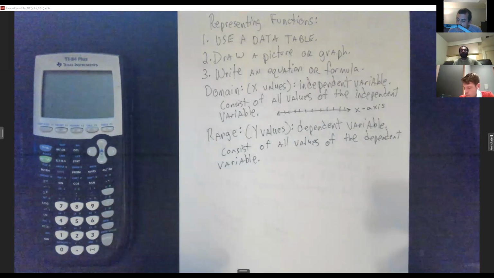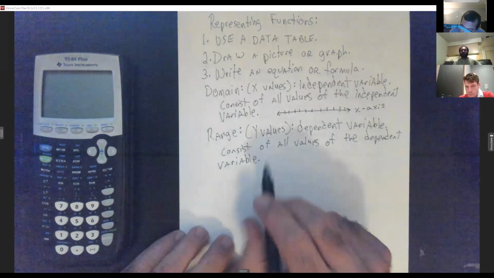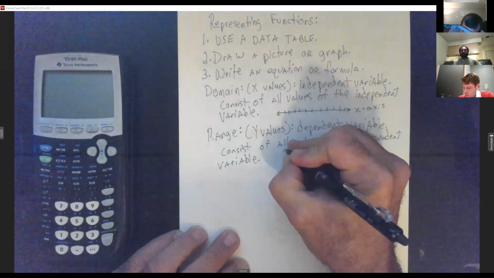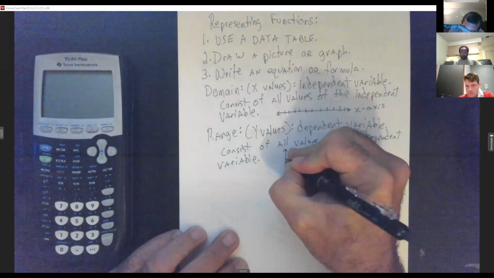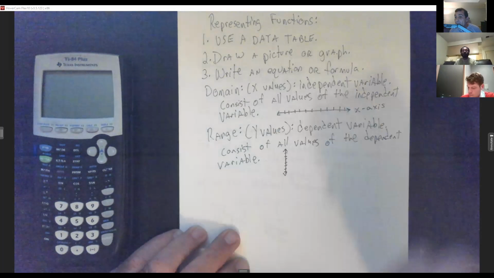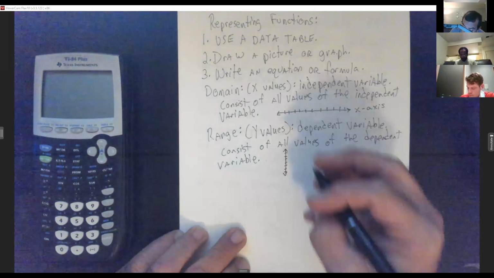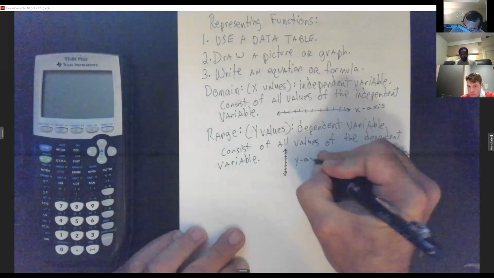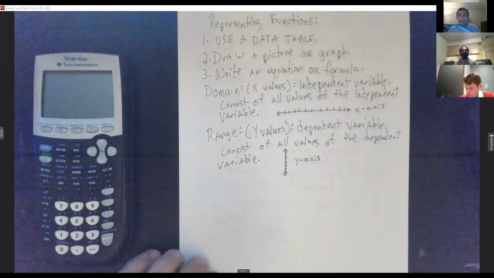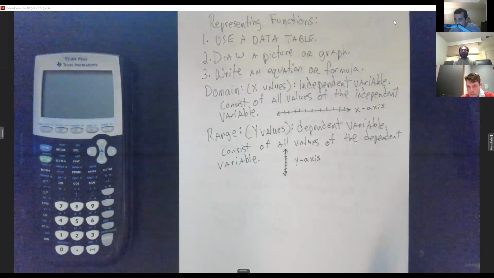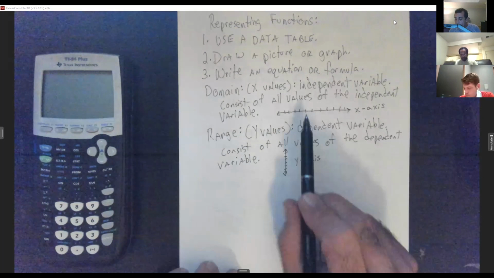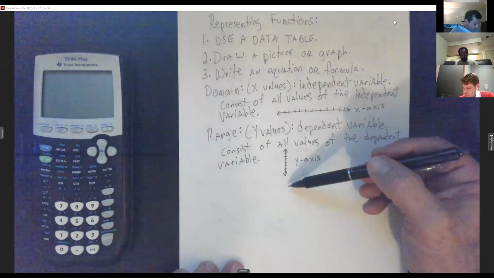Now, if the range is the y values on your graph, it's going to be the vertical axis, often called our y-axis, okay? And that's what's going to make up the graph. You're going to have your horizontal x-axis and your vertical y-axis.